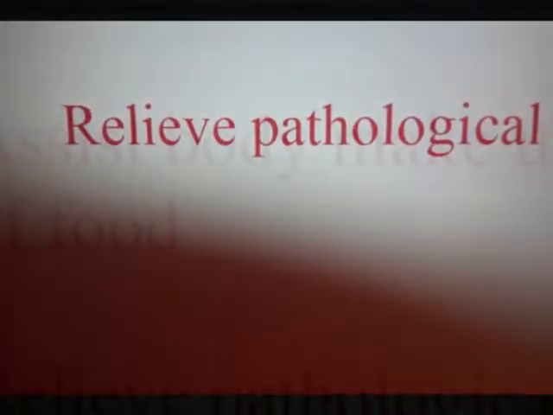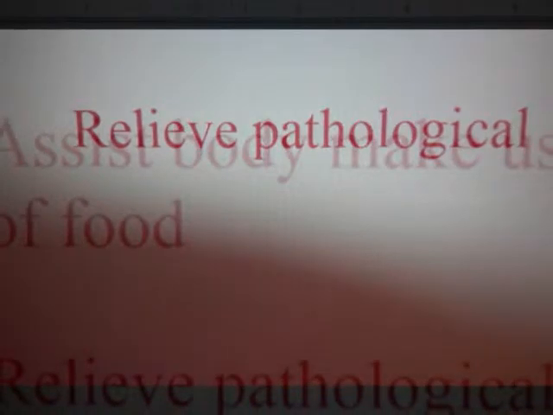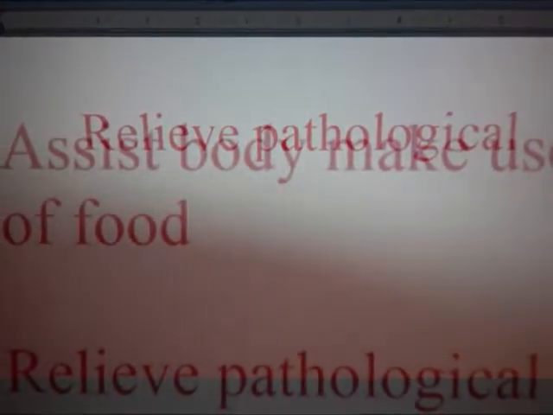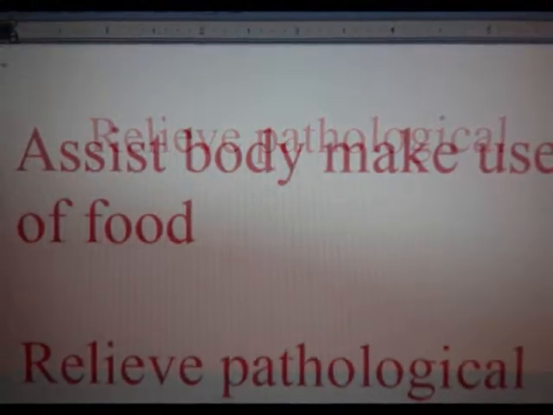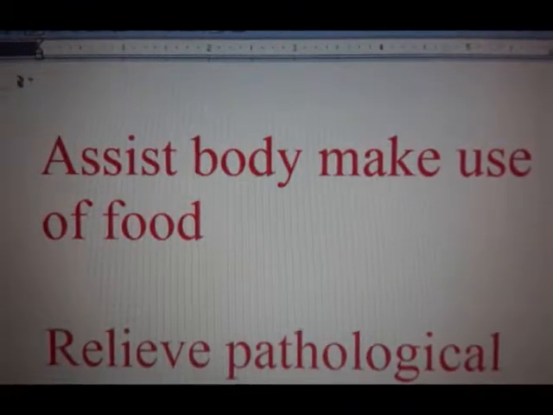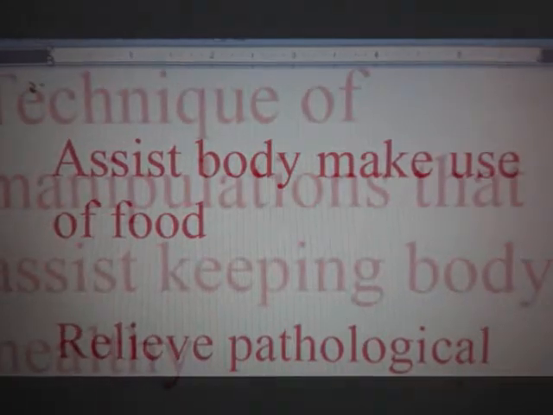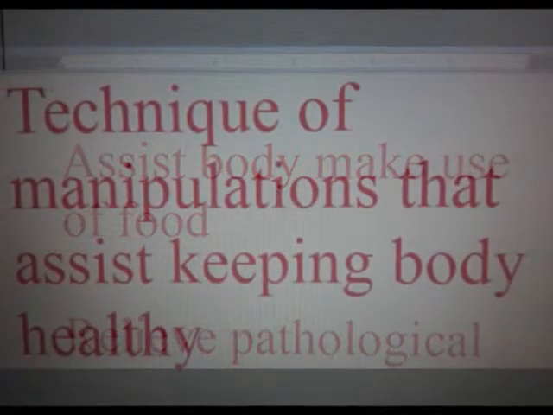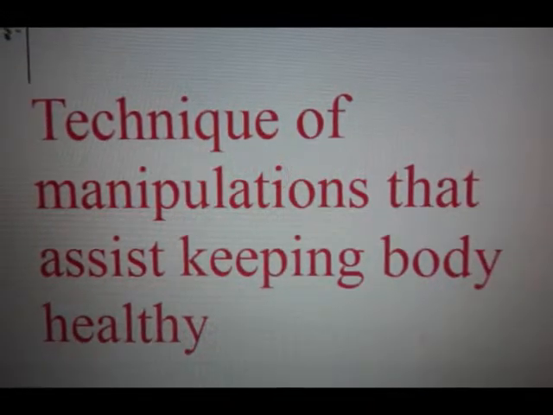Describe therapeutic massage: a technique of manipulation that relieves a specific pathological condition in the body. Describe physiological massage: a technique of manipulation that assists in keeping the body in a healthy condition. What type of massage is usually given in a private practice? Swedish. What determines the type of treatment to be given in a therapeutic massage? The physician's recommendation.